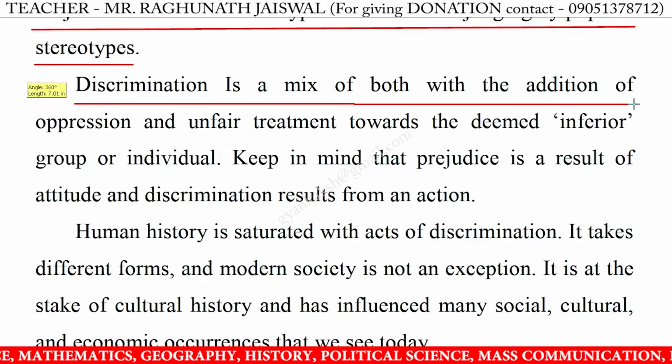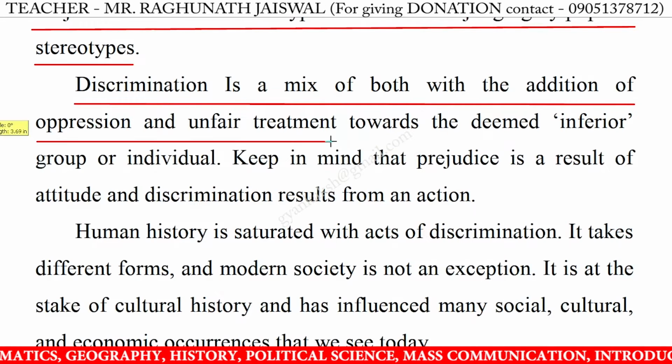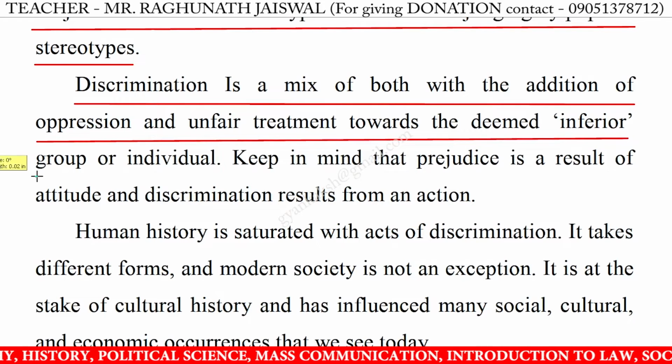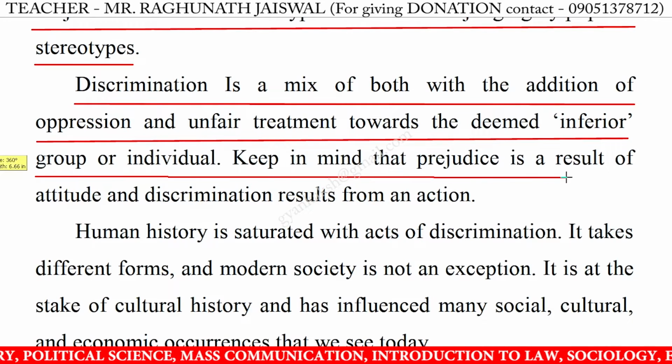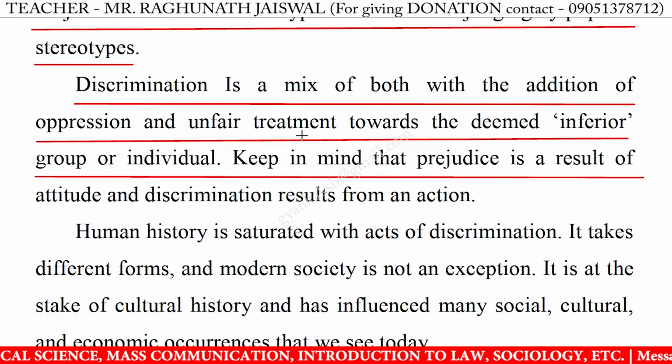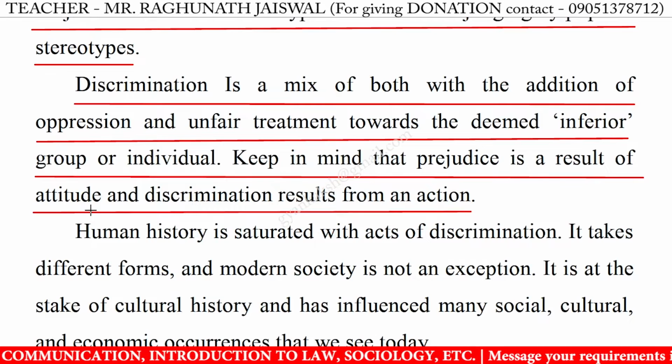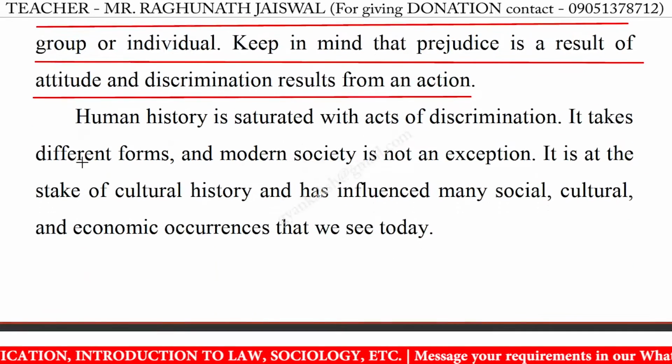Discrimination is a mix of both, with the addition of oppression and unfair treatment towards the deemed inferior group or individual. Keep in mind that prejudice is a result of attitude and discrimination results from an action.